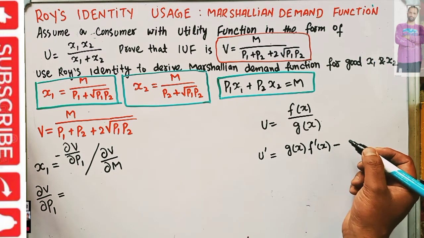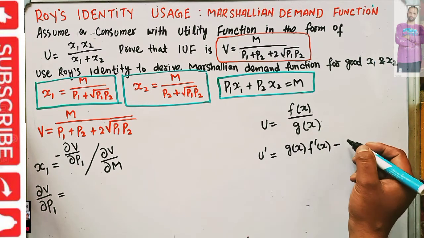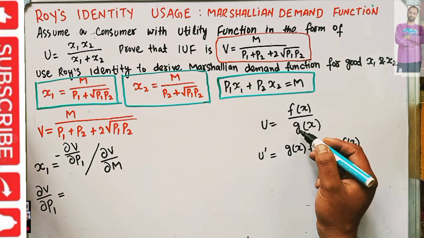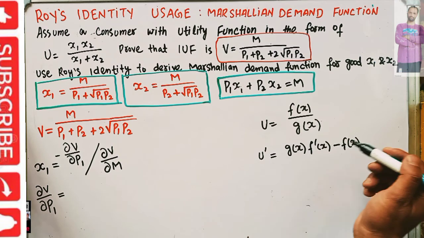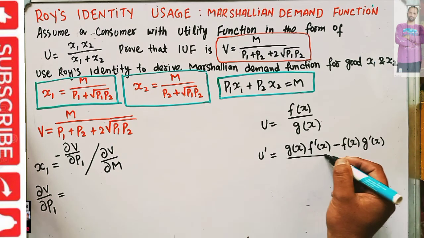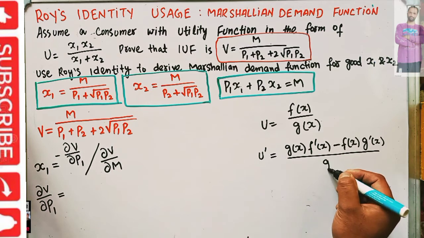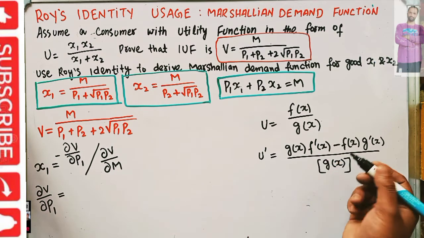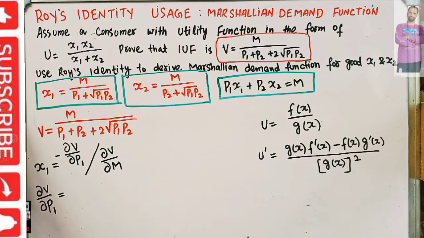Then we write minus, and write this numerator function, and to this we multiply the derivative of the denominator function g dash x, divided by g x squared. You can find this very formula in standard textbooks. Very simple. That we have to use here.